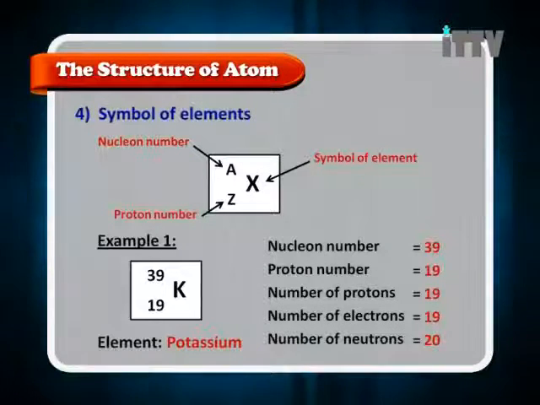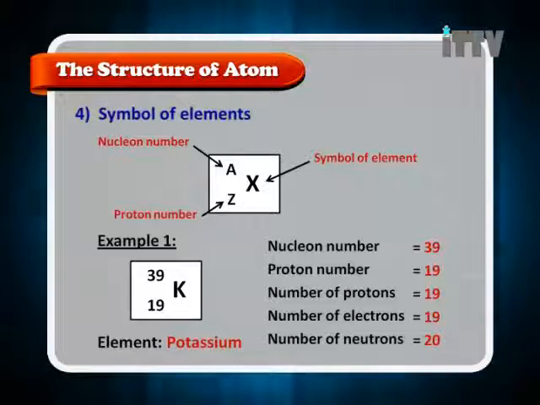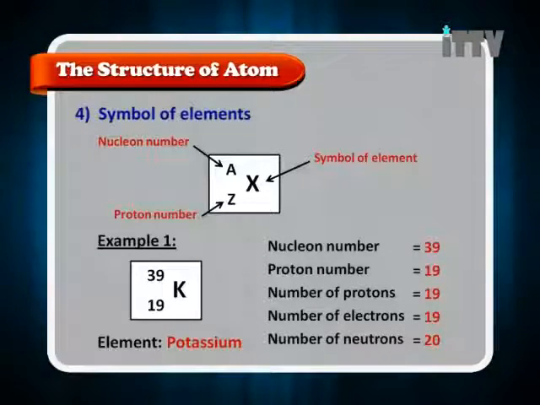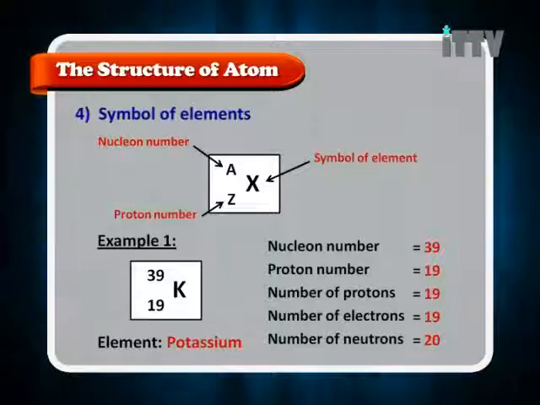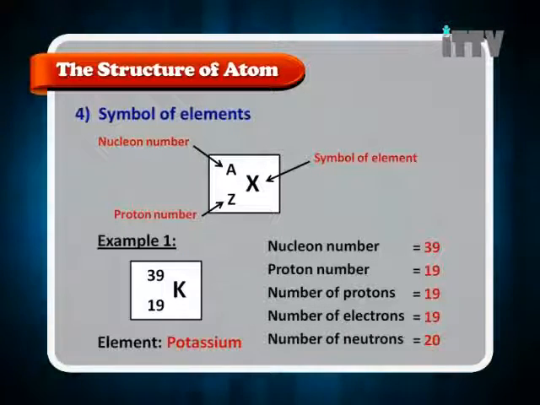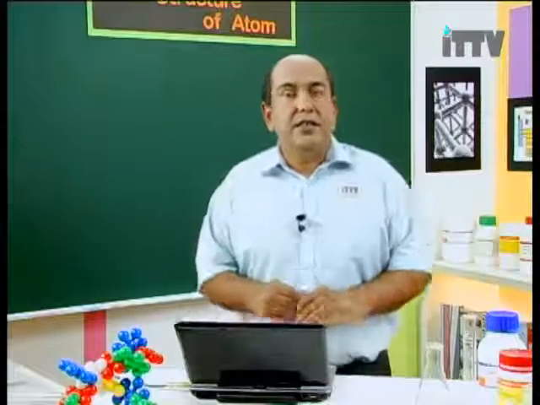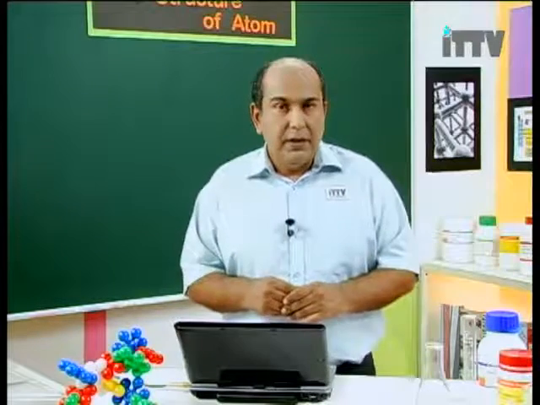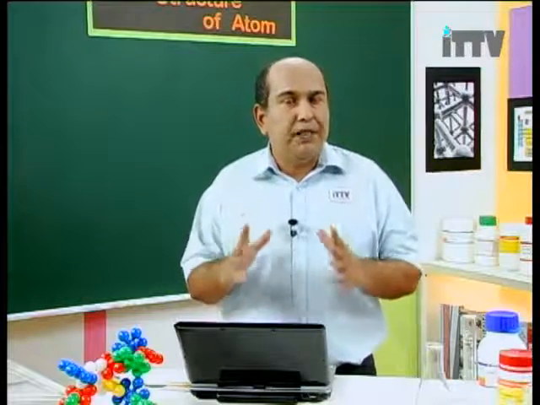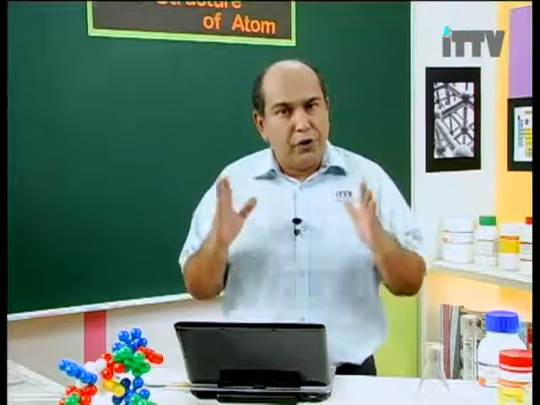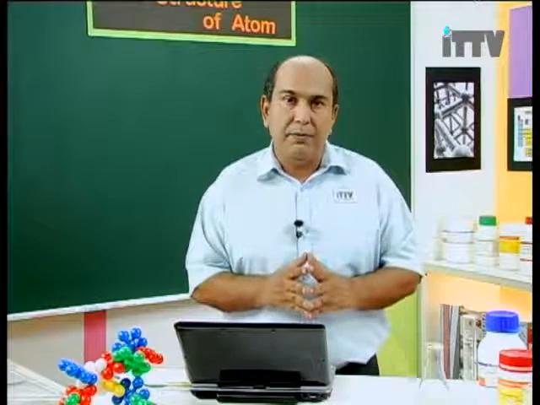The proton number 19. Therefore, the number of protons is 19. The number of electrons will be the same, 19. The number of neutrons will be the nucleon number minus the proton number, which is 20. So this is looking at an element symbol. The element symbol gives us two pieces of key information, the nucleon number and the proton number.